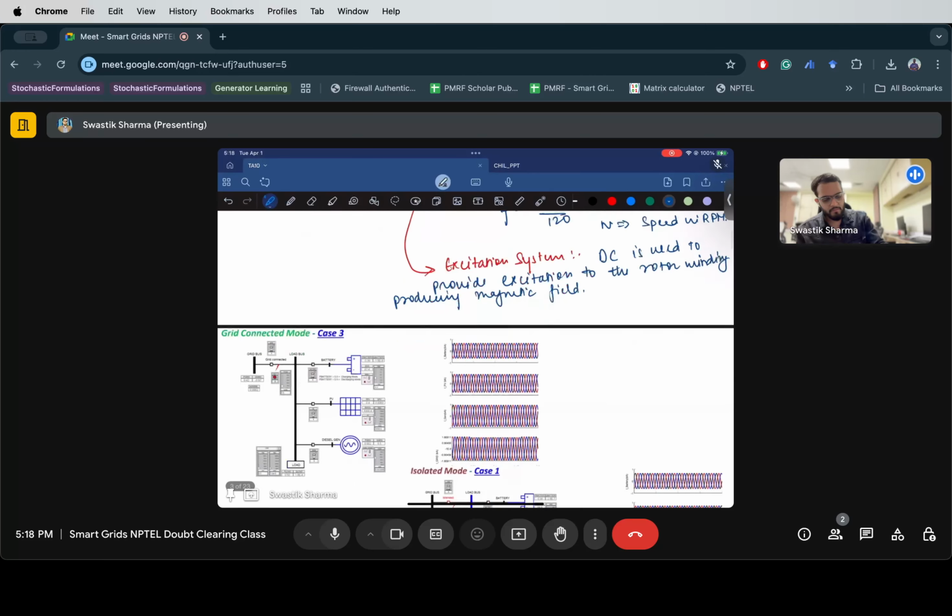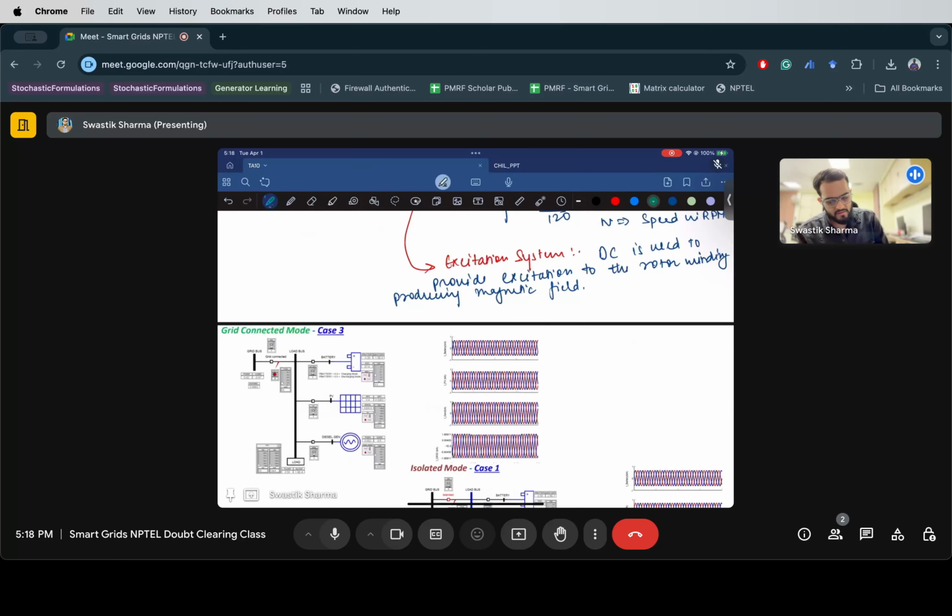A simple thumb rule is that if there is a strong field, that means higher terminal voltage, right? And because the terminal voltage is high, there is more reactive power control.